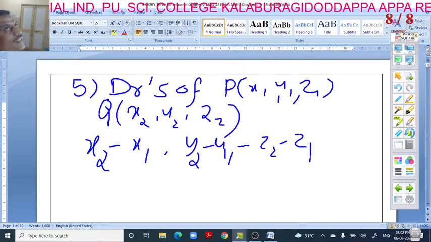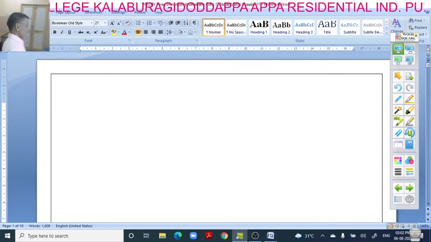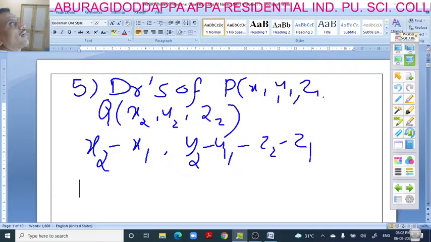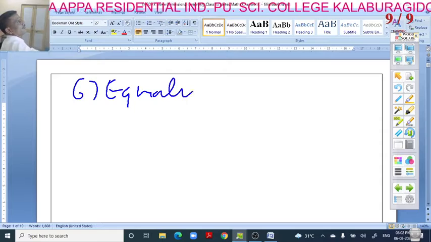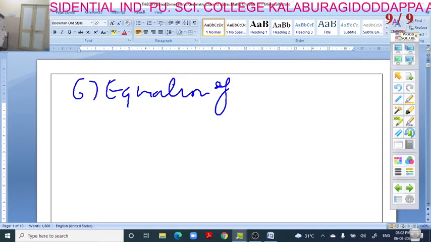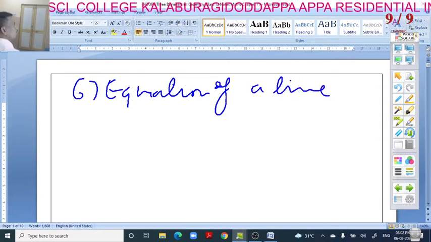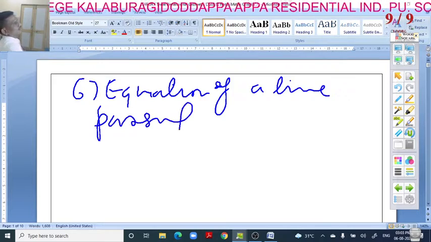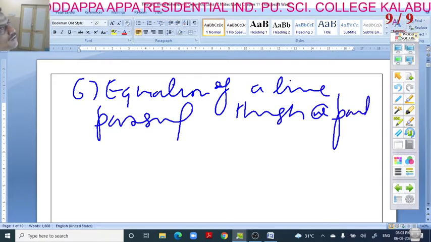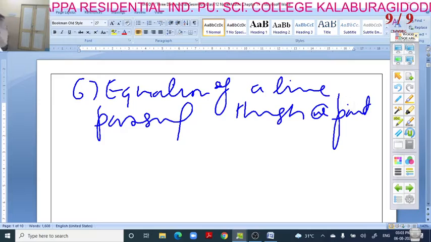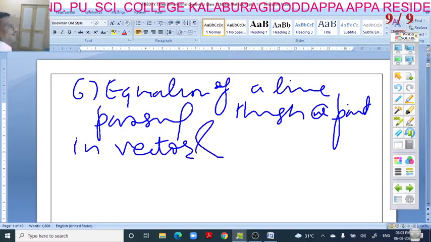So these are the very basic things. Next, we are going to study the equation of a line passing through a point, the sixth point, in vector and Cartesian form.